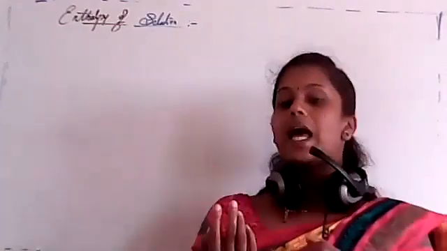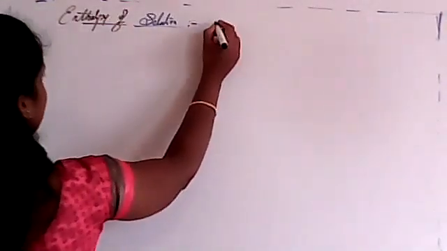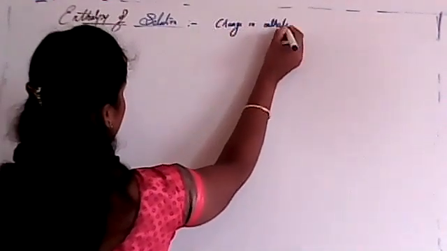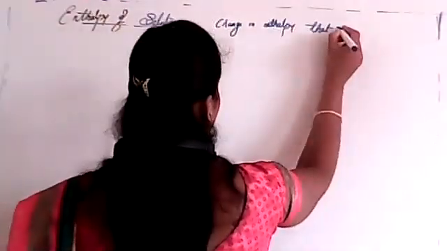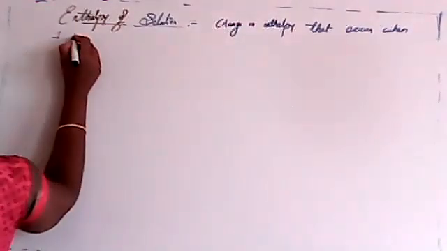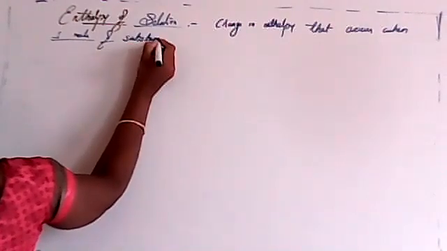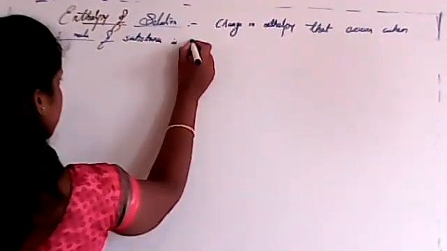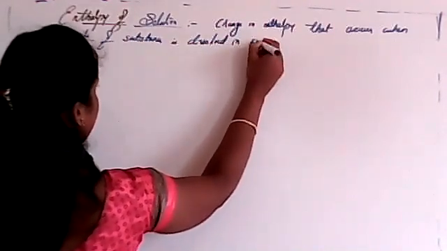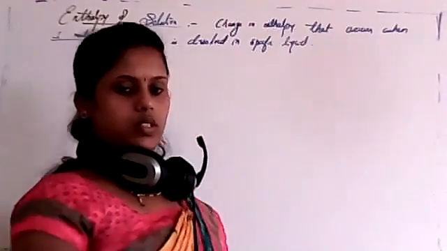So that means you have to use it as a liquid. It is the change in enthalpy that occurs when 1 mole, very important, 1 mole of a substance is dissolved in a specific liquid, known as solution.